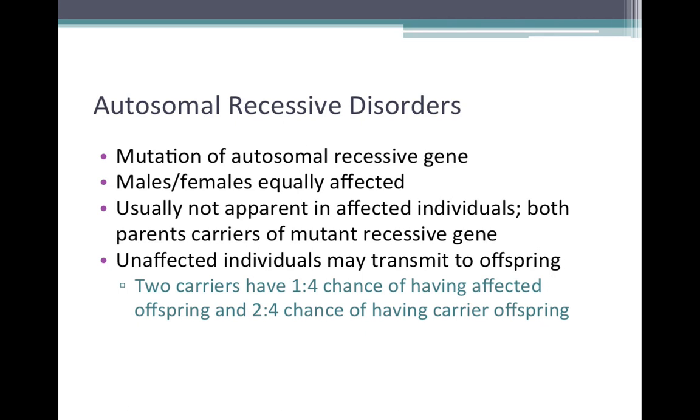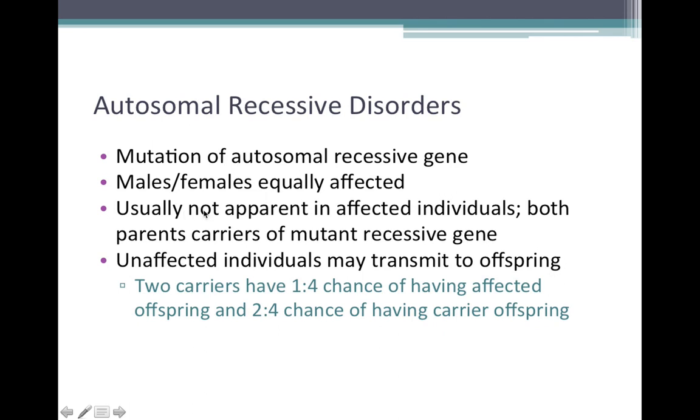So it's a little bit less likely to get an autosomal recessive disorder, because that requires two parents who are either both carriers or affected by the disease, and if they spread each defective copy of their genes onto you, then that will give you a recessive disorder. An example of an autosomal recessive disorder would be hemophilia. That's a type of bleeding disorder that we'll talk about in later chapters.